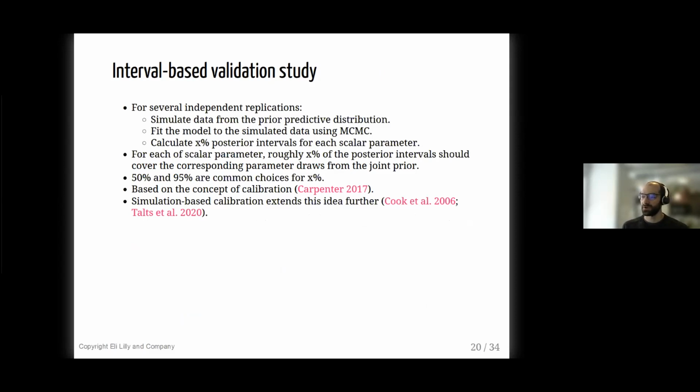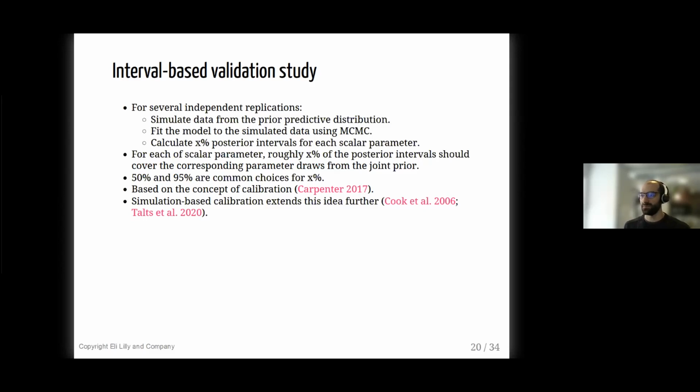And for each model that we fit, we're going to calculate posterior intervals on each scalar parameter. So each correlation component, fixed effects, each variance component. And for each of those parameters, we're going to look at how many of those posterior intervals cover the true parameter draw from the prior predictive distribution that we originally obtained when we were simulating the data.